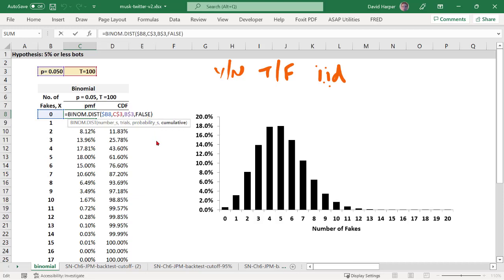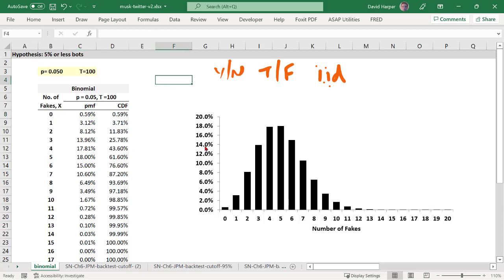And I just need to indicate, do I want the cumulative distribution function, or do I just want the exact value that's plotted here, the probability mass function? A PMF is correct because this is a discrete distribution. So you can see that gives me the 0.59%, and cumulatively I have the same value.